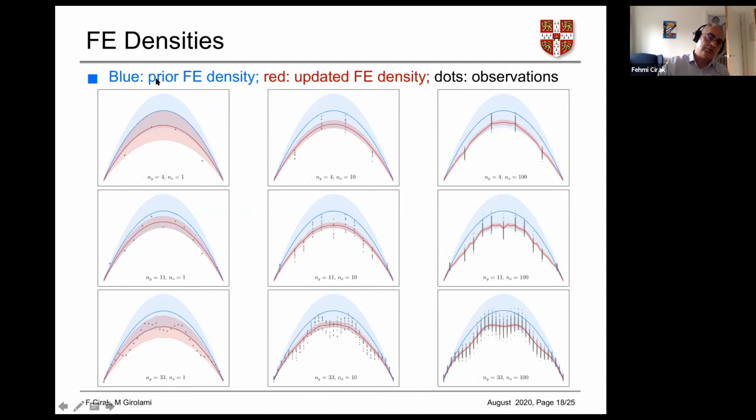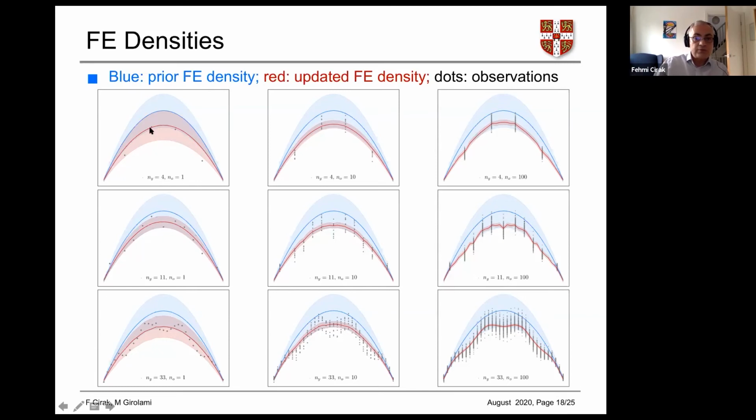Now we look at columns: the first column is 1 reading, the second column is 10 readings, and the third column is 100 readings. Okay? And then I've plotted this prior finite element density in blue before knowing any data. And obviously the prior is the same in all cases, so the blue line and the blue shaded area are the same in all cases.